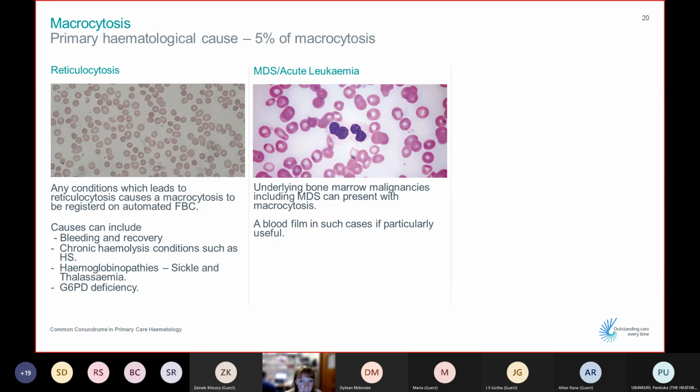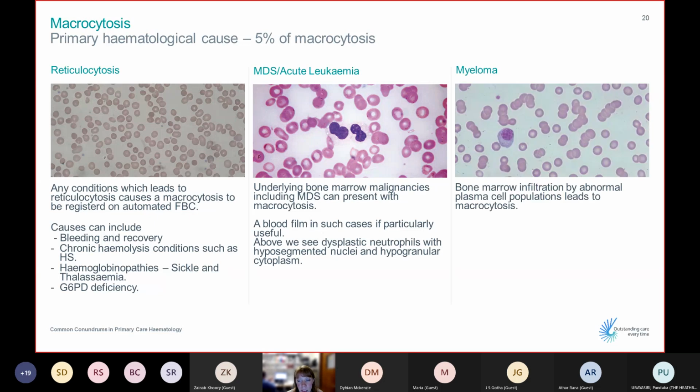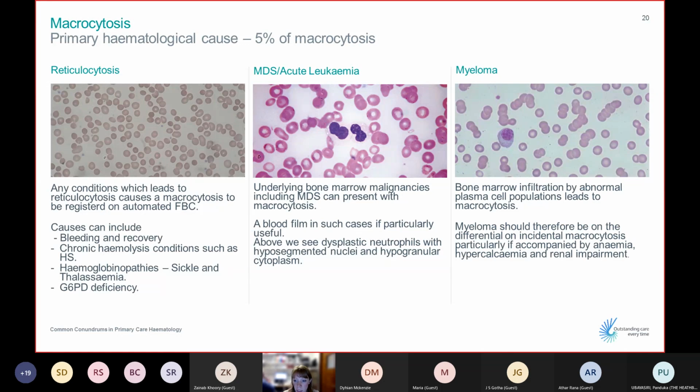So this blood film and a macrocytosis without any other cause would raise suspicions of MDS. And myeloma. Myeloma, through its infiltration in the bone marrow, can lead to a macrocytosis. So always review whether the patient has anemia, hypercalcemia, or renal impairment with their macrocytosis.